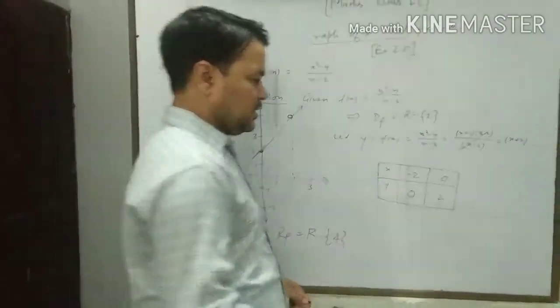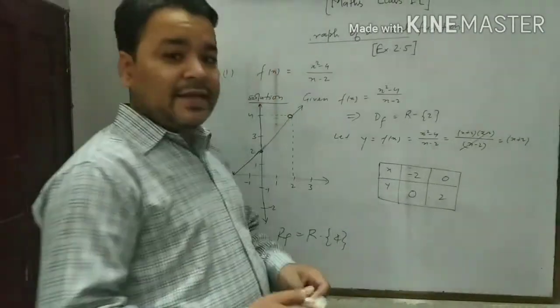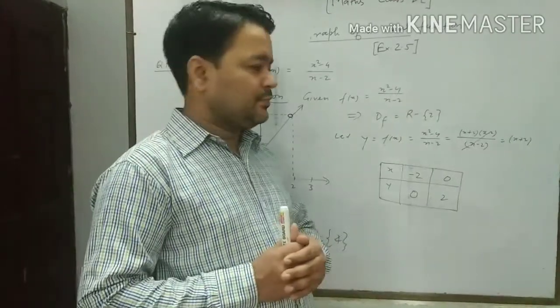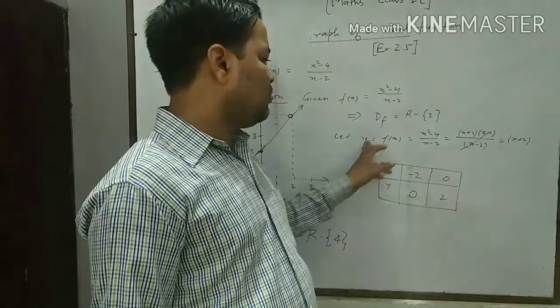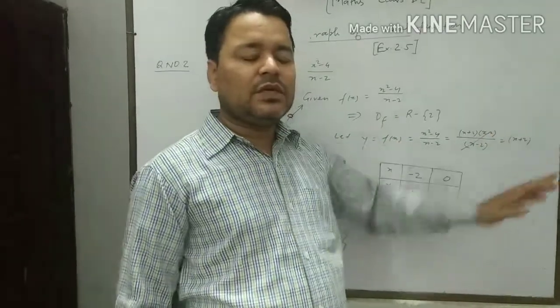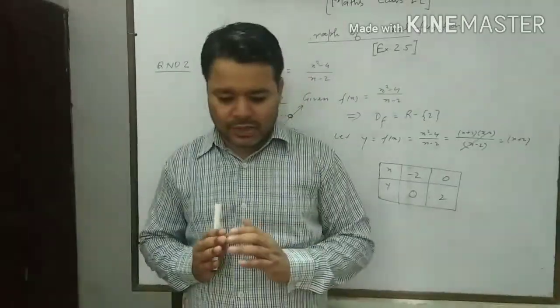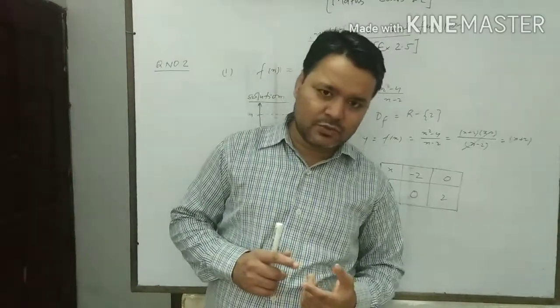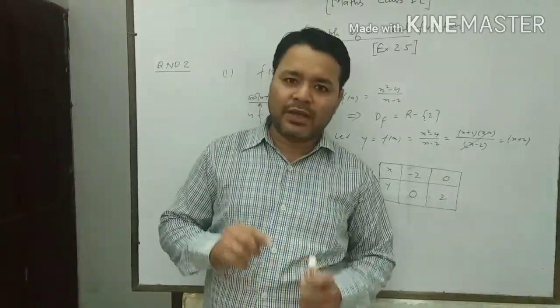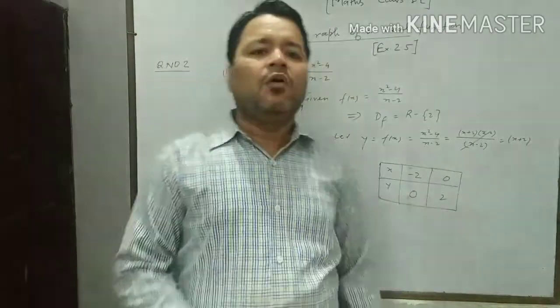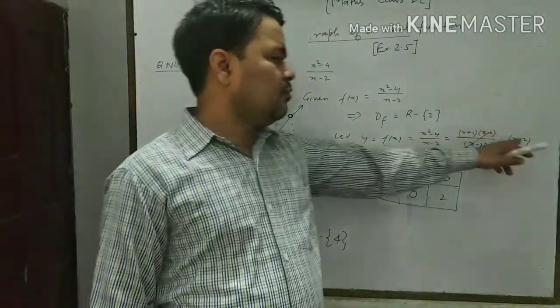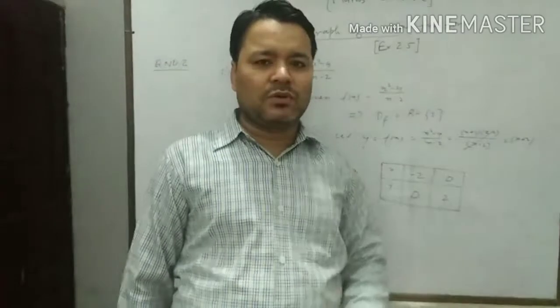Now, if we take x equal to 2, then what happens? If we take x equal to 2, then 2 plus 2, the value of y is equal to 4. For a moment, just assume that if we take x equal to 2, in that condition the value of y will be 4, because 2 plus 2 will be 4.